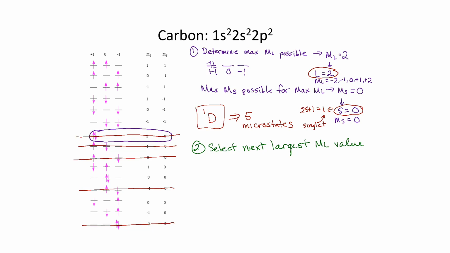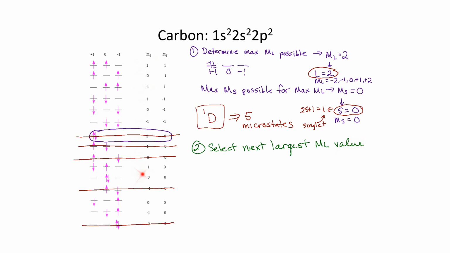Okay, so next step in our approach here for assigning our term symbols is going to be to just simply select the next largest m sub L value. So we've already crossed out our max m sub L of 2 in our first step. Okay, so now we're just looking for our next largest value of m sub L that we have left.